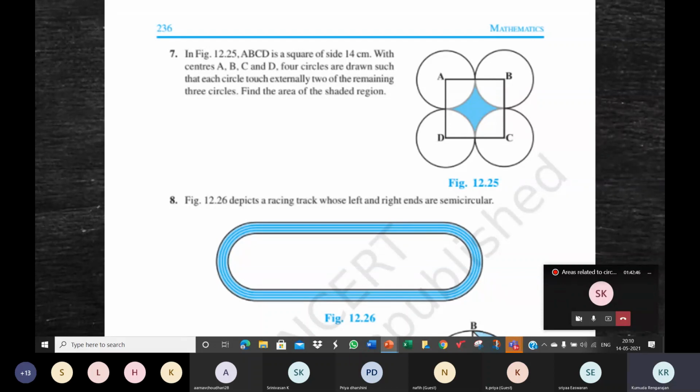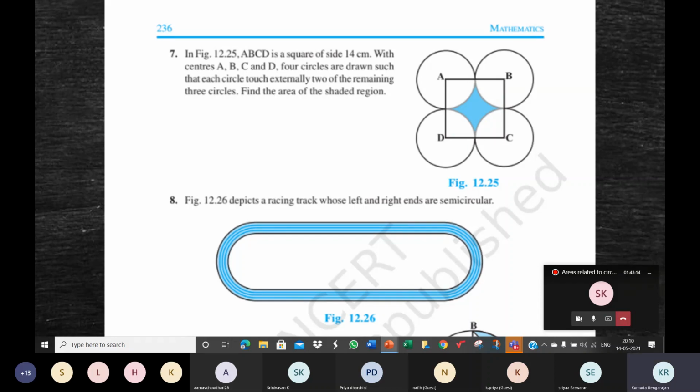are placed in such a way that each circle touches 2 other circles. That's all.